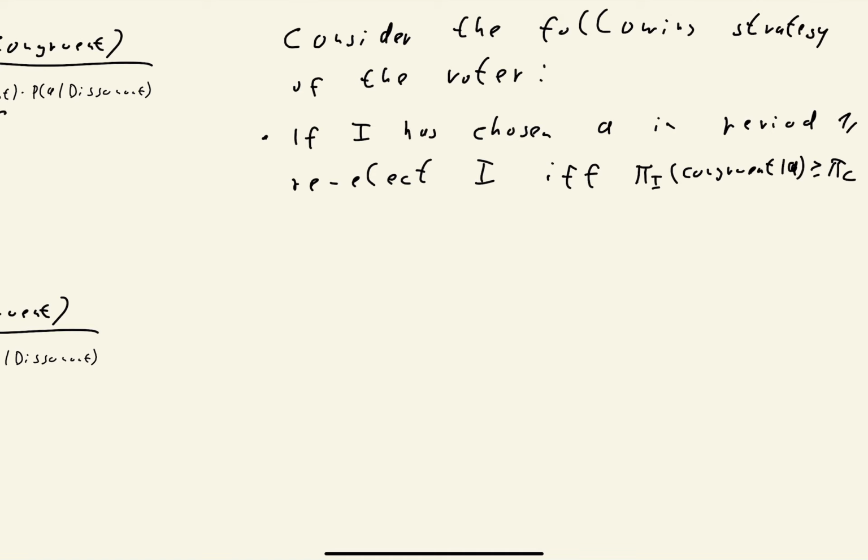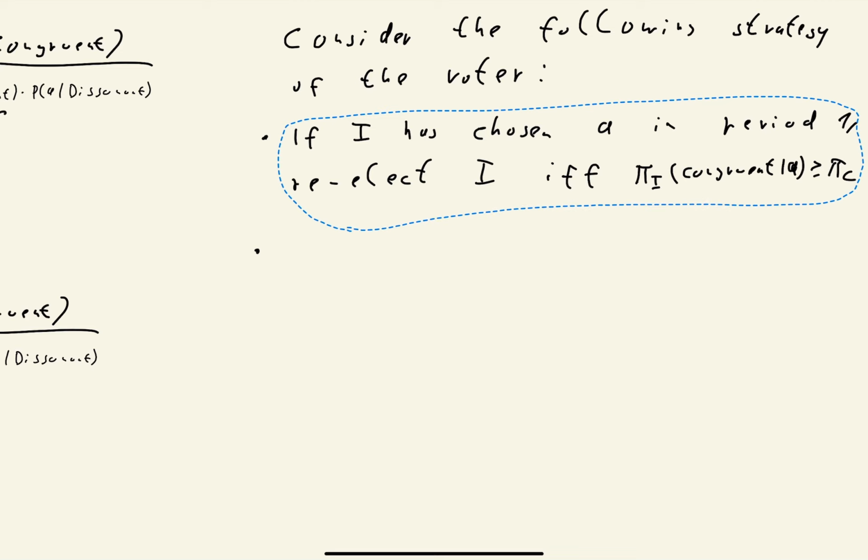So now we're specifying the behavior of the voter at the beginning of period 2: if the incumbent has chosen policy A in period 1, you re-elect him if and only if your belief about him being of a congruent type is weakly larger than your belief about the challenger being of a congruent type.